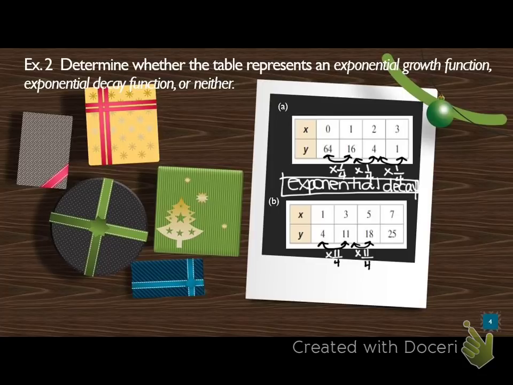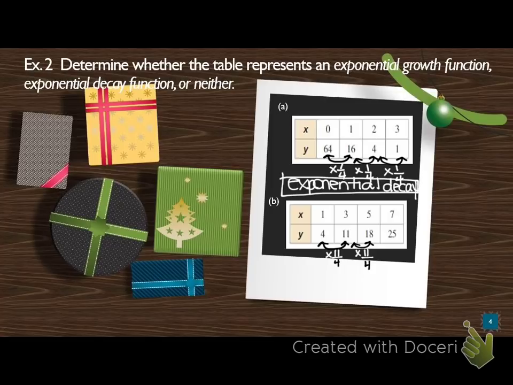So I know that 4 times 11/4 will give me 11, but what happens when I do 11 times 11/4? Does that give me 18? And when I put that in my calculator, I actually get 121 over 4, which is a decimal of 30.25.